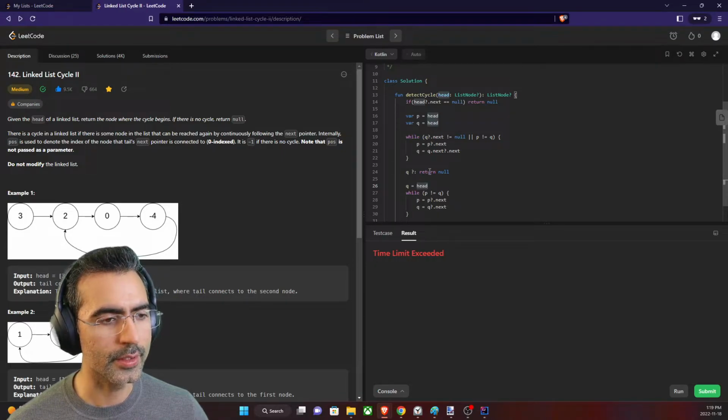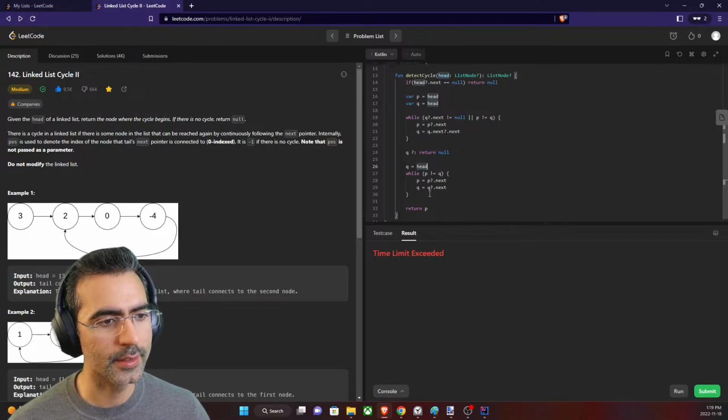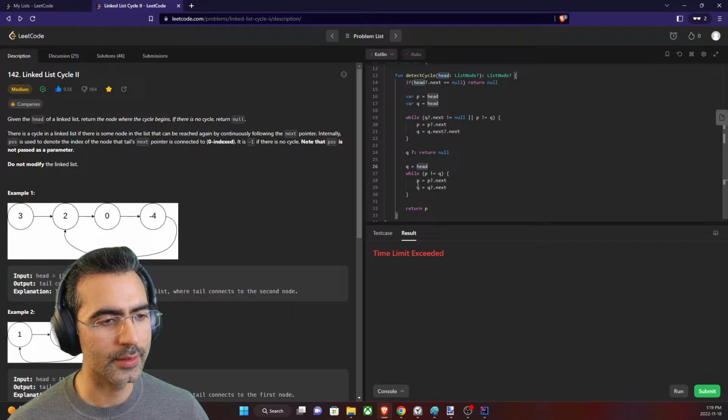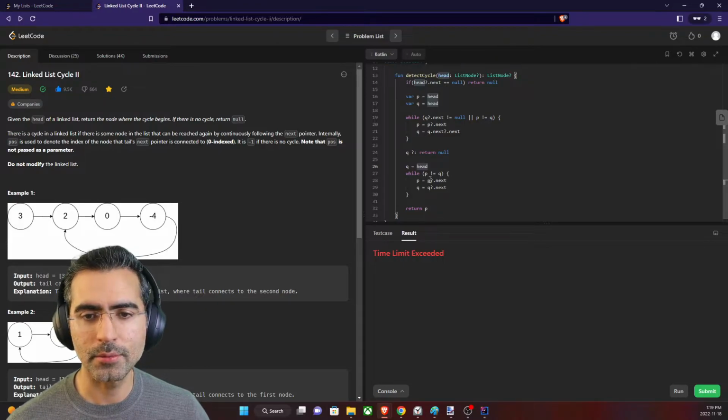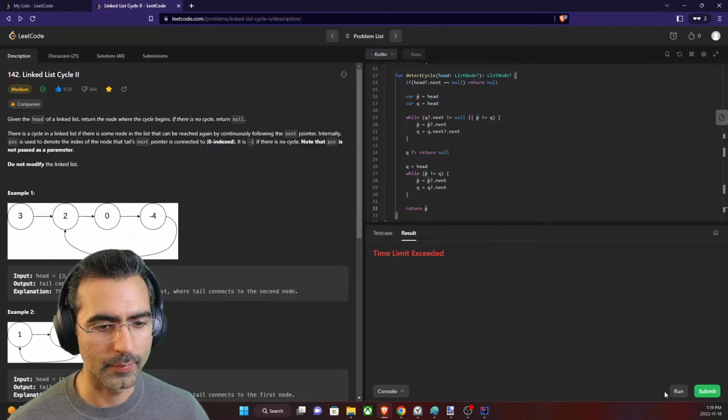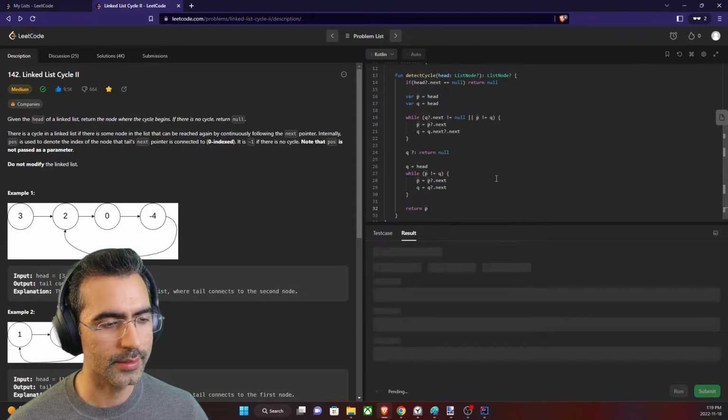If Q is null at this stage, then we're gonna return null. Otherwise, we're gonna traverse the list slowly from head while we're also still traversing with the slow node from the location they met. And when they reach there, that would be the location of the beginning of the cycle. All right, let's try this.